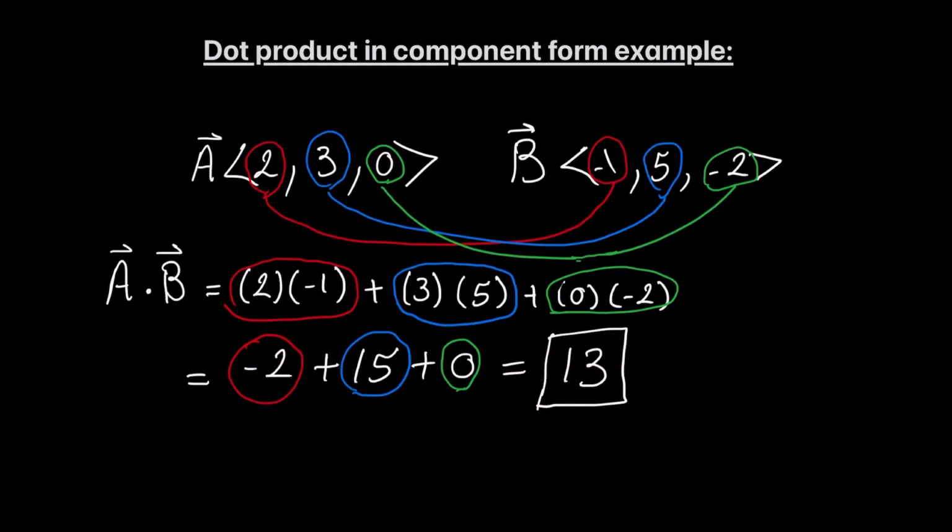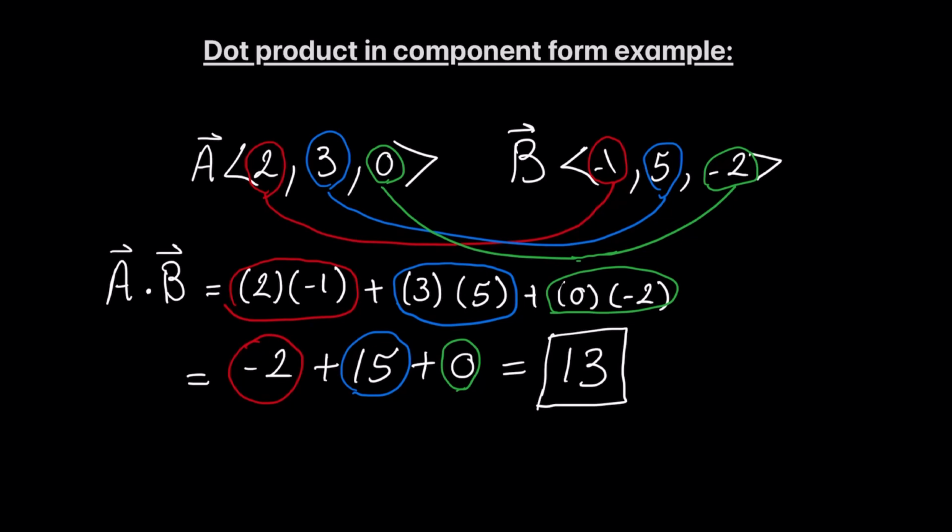To apply it is really simple though. So here's a vector A in 3 dimensions in component form. We don't have to write i hat, j hat, k hat every time. Just write it like this. A in component form has components 2, 3, 0. That means it's 2 i hat plus 3 j hat plus 0 k hat in vector equation form.